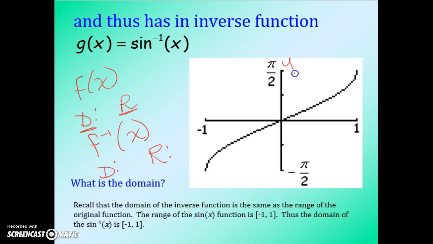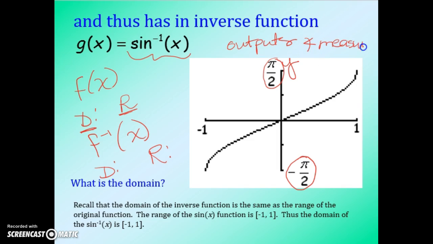So you can see now along the y-axis we are drawing angle measures, because the outputs of these inverse functions are going to be angle measures, and the inputs are going to be those values that were normally along the y-axis.